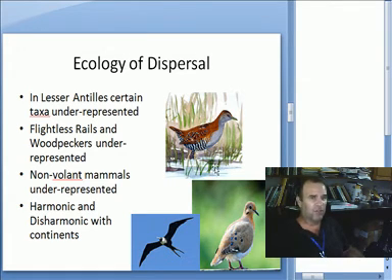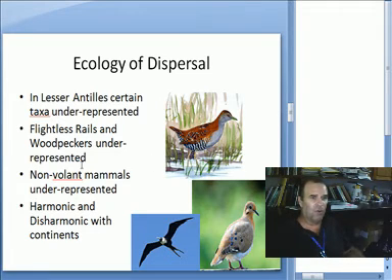They're not strong flyers at all. And because of that, they don't disperse very far. And because of that, they tend to be underrepresented on the Lesser Antilles. In other words, you get species of flightless rails on the continent, but you don't get species of flightless rails on these islands because they are not good dispersers, so they haven't made it to the islands.